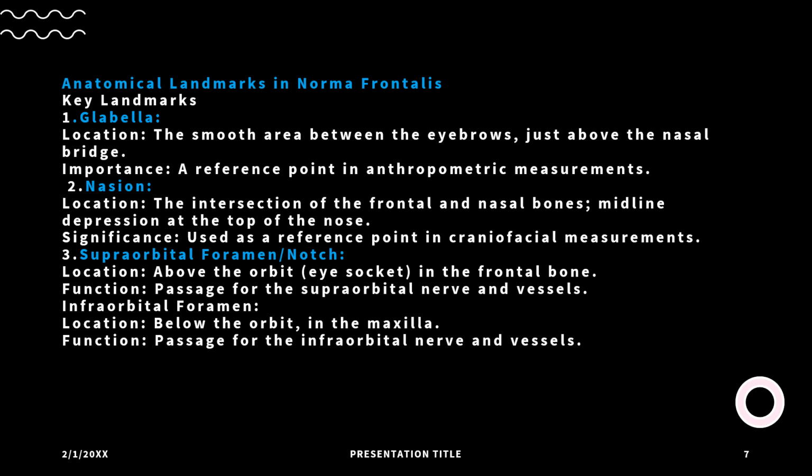Next, the nasion. Nasion is the intersection of frontal and nasal bone. I will try to show this landmark in a skull diagram that I have already made in this PPT, which will come later on.